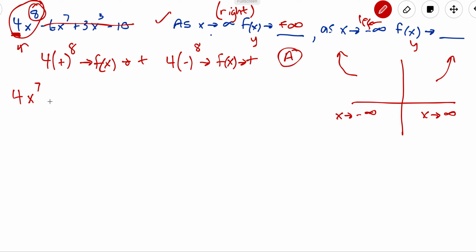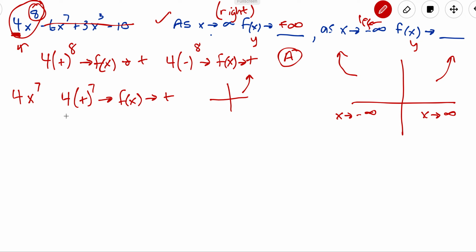Suppose instead it was 4x to the 7th. Well, if we put a positive number in for x, we'll have 4 times some positive number to the 7th power. The y value, a positive number to the 7th power is positive, times a positive number is positive. So in this example, it'd be going this way.